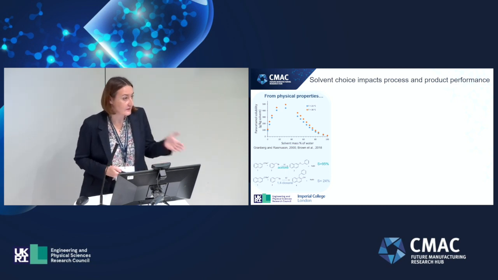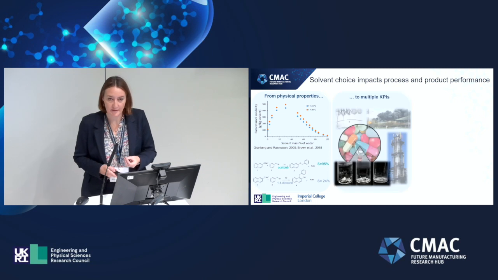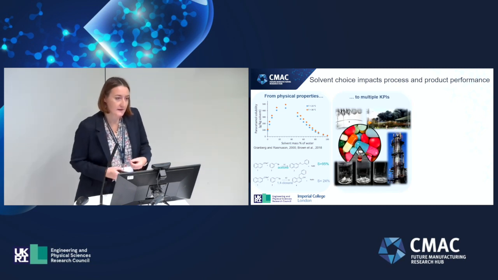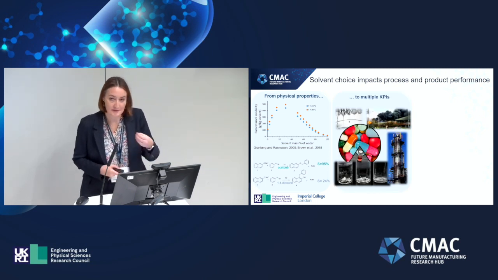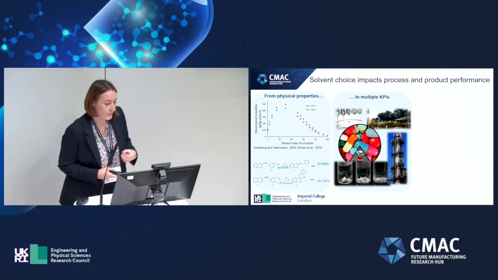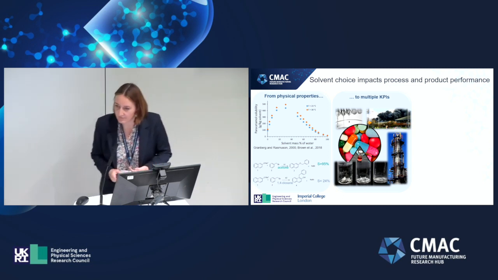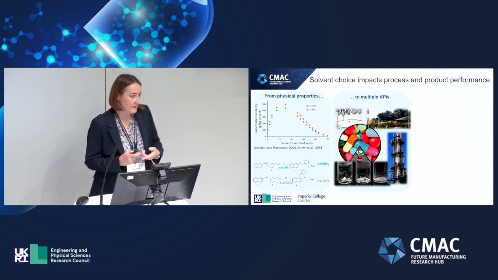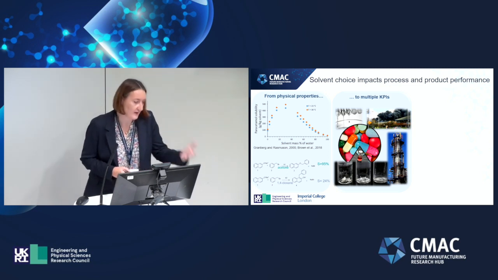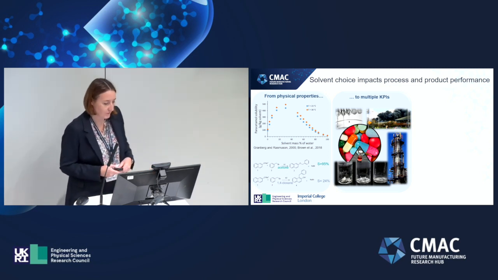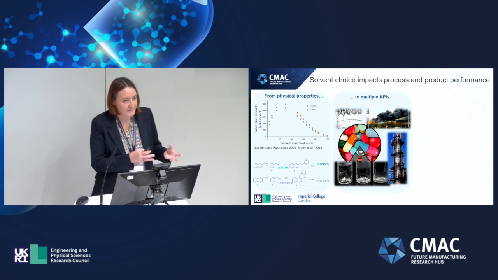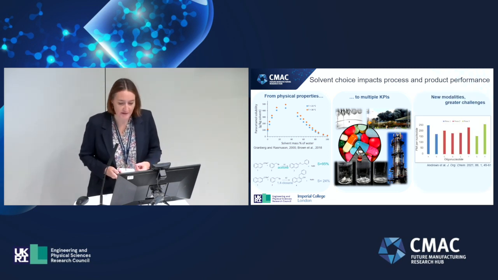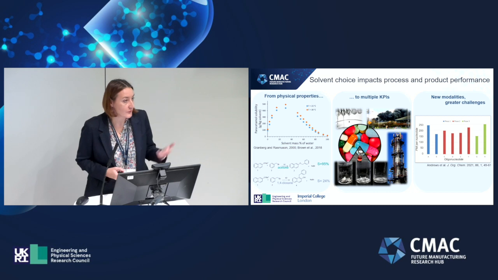But it's not enough to look at the molecular properties. We really need to understand the process impacts, and that impacts many different KPIs. We're looking, for example, at process safety, the quality of the product, the productivity of the process, the carbon footprint of the process, and so on and so forth. And this link is becoming ever more important and challenging as we look at new modalities.